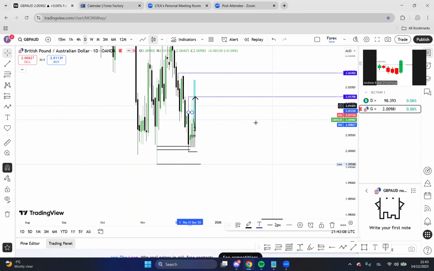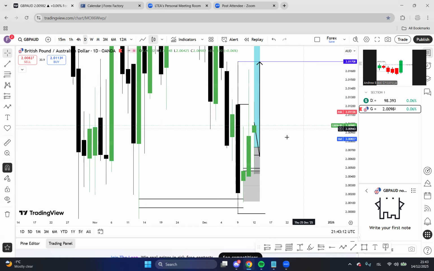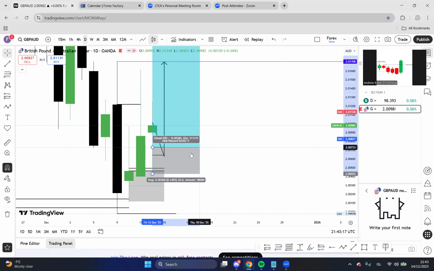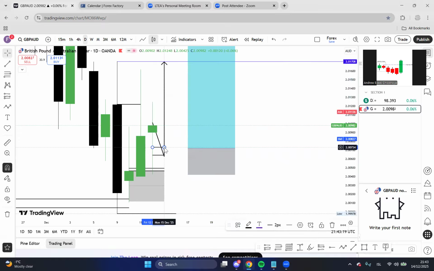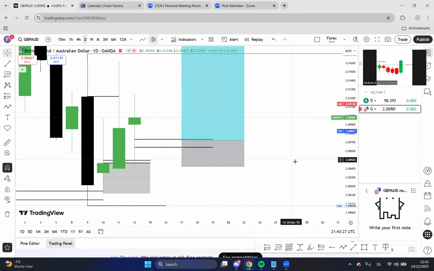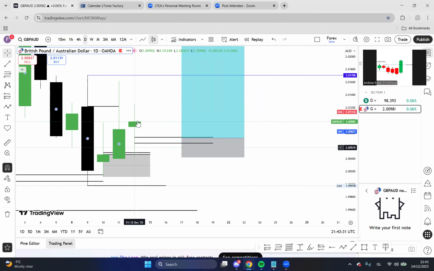Let's see from the daily. Let me just shift this thing here. Let me see how the daily looks here. Boom. Now, looking at last week, Friday created an indecision candle, right?